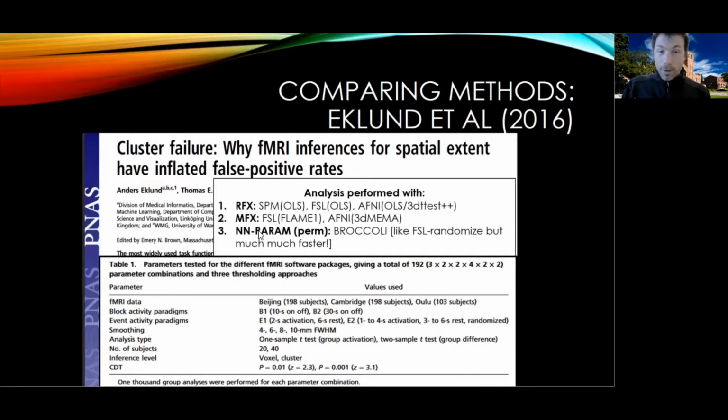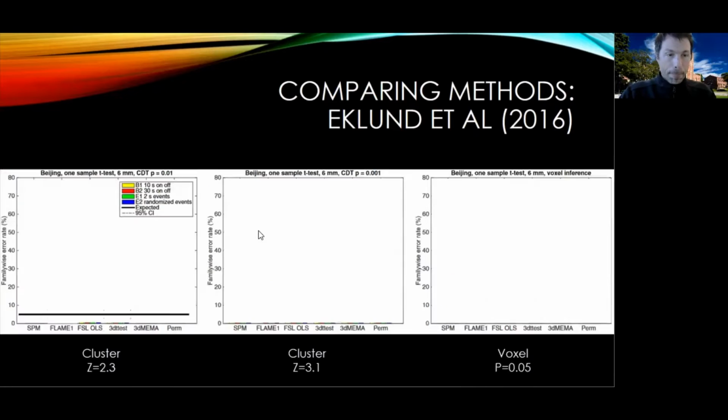knowing full well that we have a null data set, how many false positives do we get under each of all of the permutations of these analyses. So first, let me introduce these graphs. What this is showing is the family-wise error rate for each of the different analyses, which you see down here.